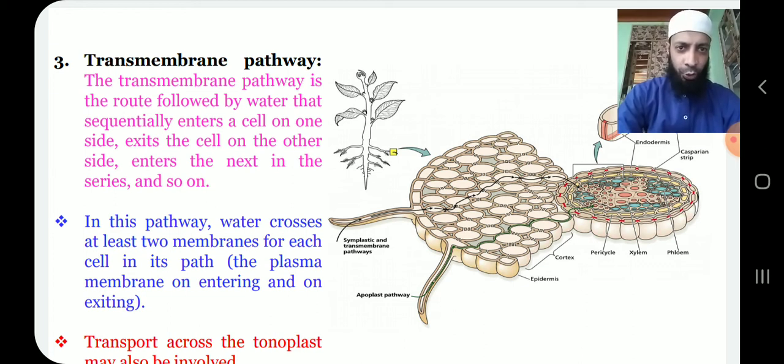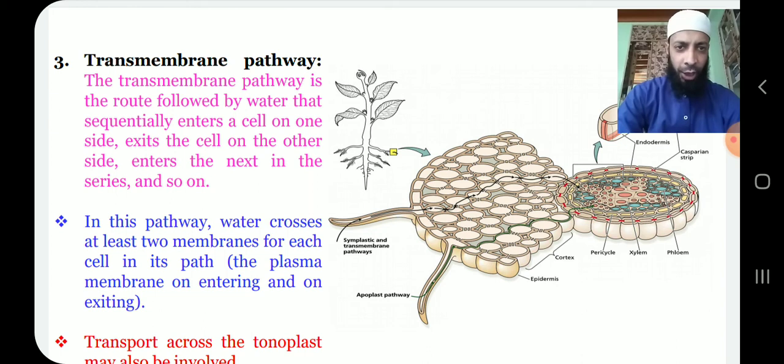And transport across the tonoplast. Tonoplast is a membrane that surrounds the cell vacuole. Inside the cell wall is the cell vacuole, and the membrane around it is called tonoplast.